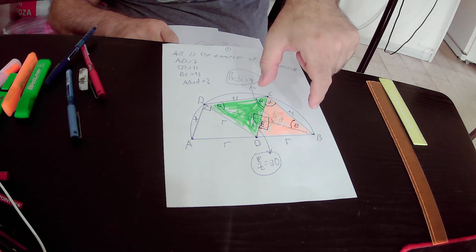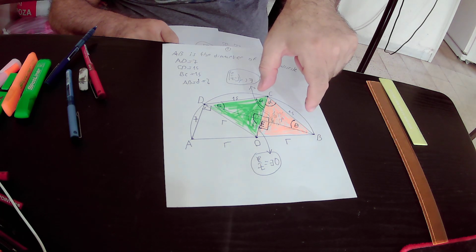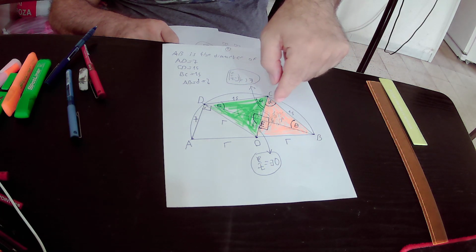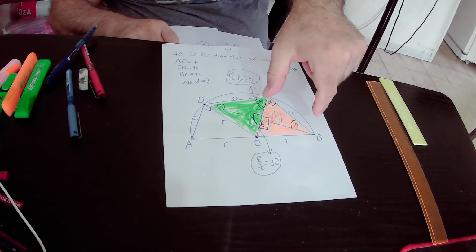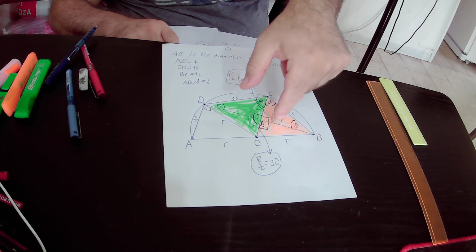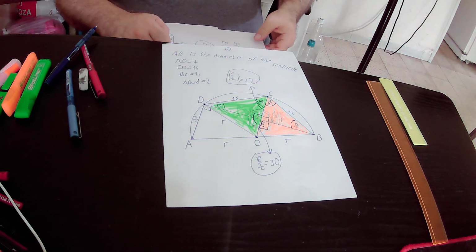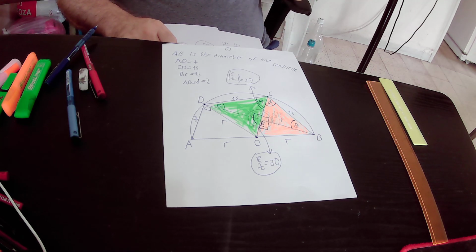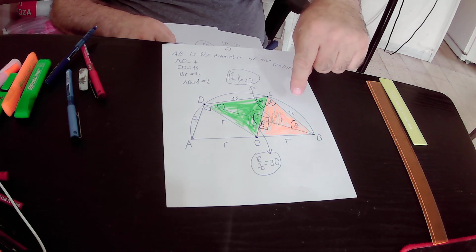It belongs to both right triangles, triangle ECB and triangle OEB. So we implement the Pythagorean theorem 2 times on those two right triangles.